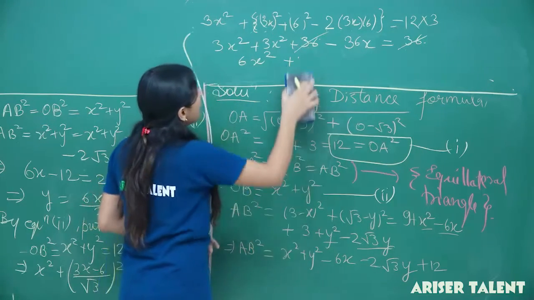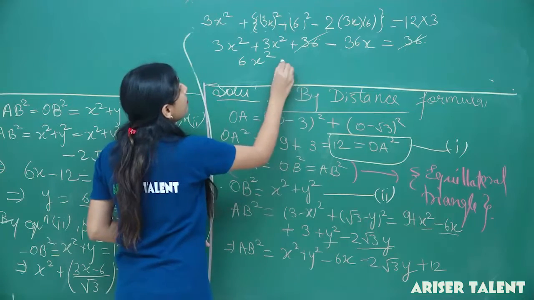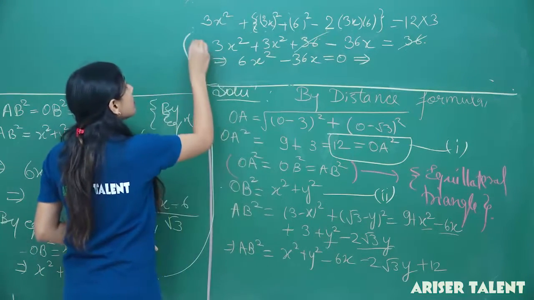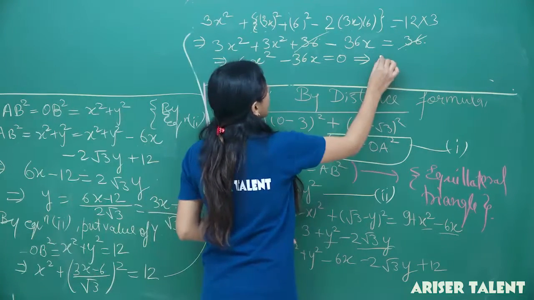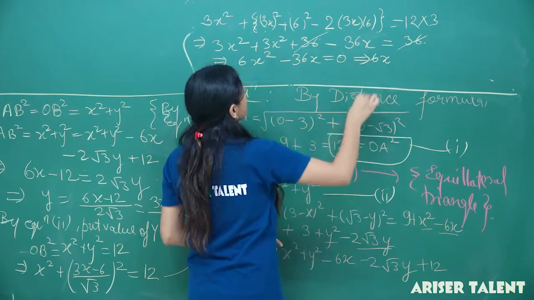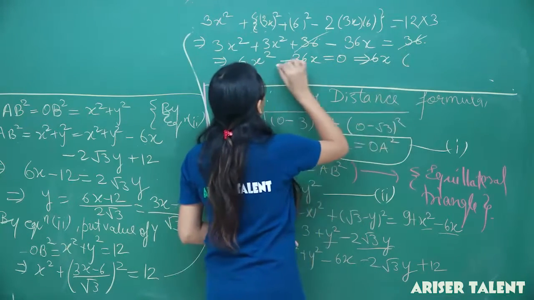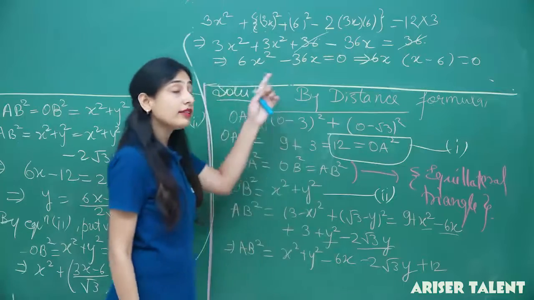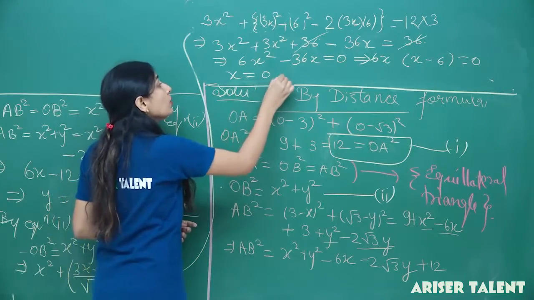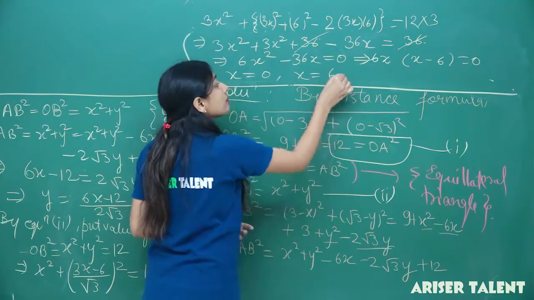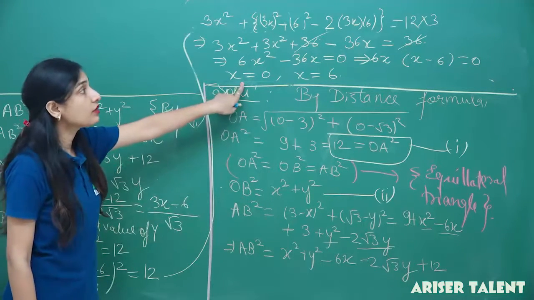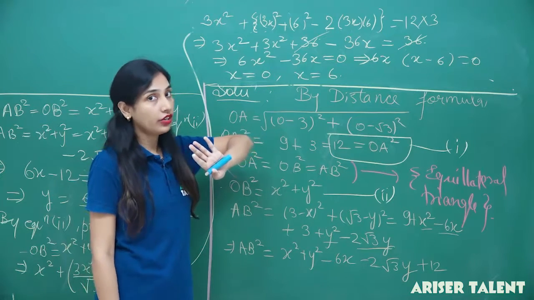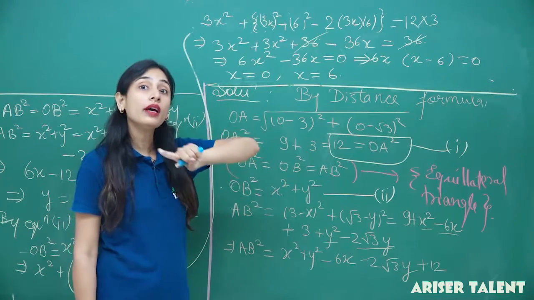So that will be 6x square minus 36x equals 0, and this implies that 6x is common, so x minus 6 equals 0. What does that mean? Either x equals 0 or x equals 6. These are the two values of x.